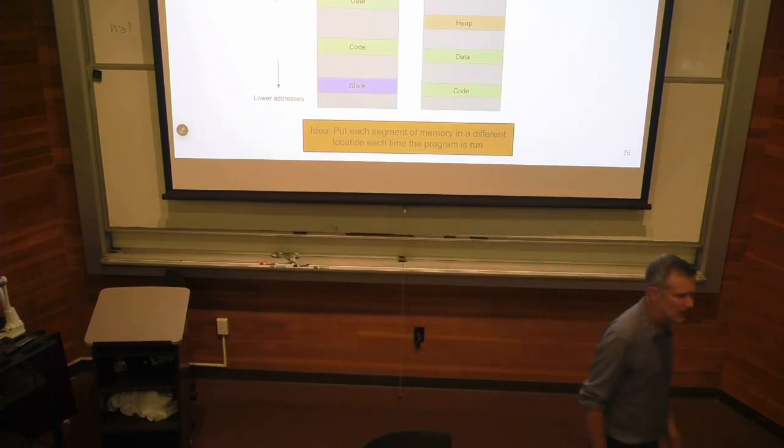Why are there blocks of memory which are not used? Why did people put this unused memory between different portions of memory? Well, the reason why there's unused memory is because most programs don't use the full address space. You can have up to 2 to the 32 addresses.